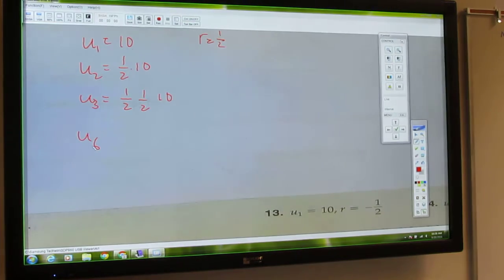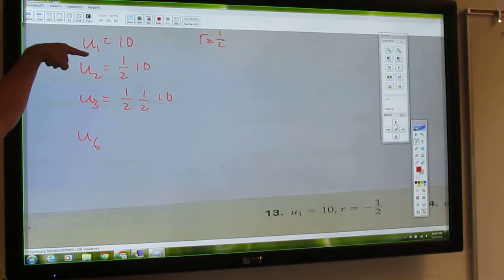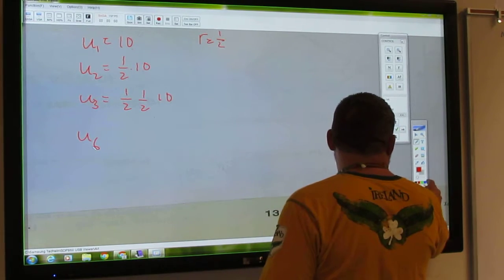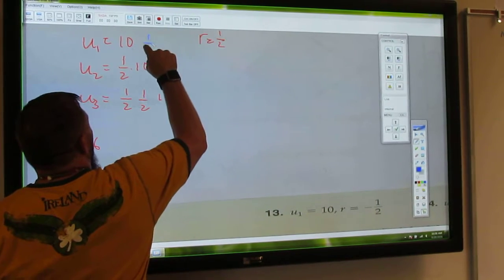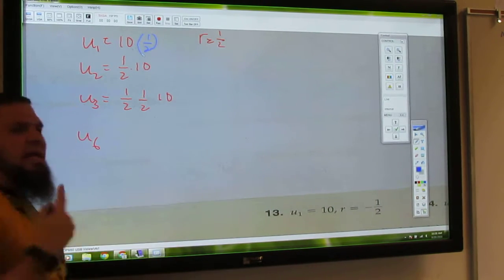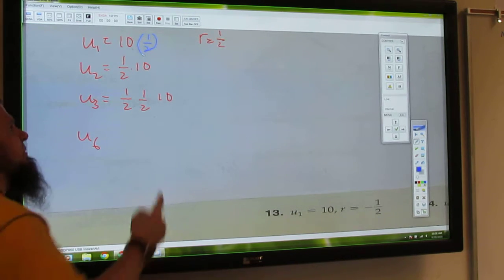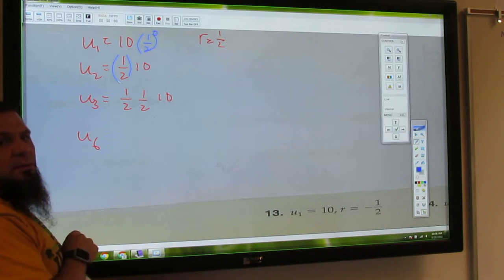So Wyatt, what am I going to do with the formula? What's happening up here? Do I still have a 1/2 multiplying this one? And if I do, what's the exponent? 0. Because this exponent is what?